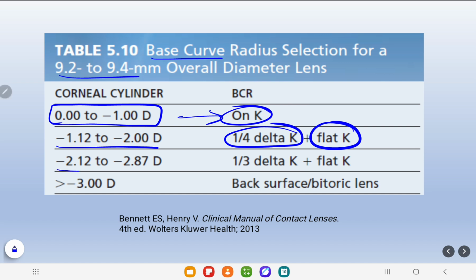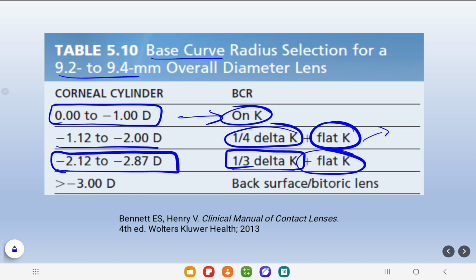And when your cylinder is a little bit higher, up to 3, then you take one third of the difference of K and add it to flat K. Just remember what adding to flat K means: flat K in diopters, and whenever you add further power, it means you will select a slightly steeper base curve.